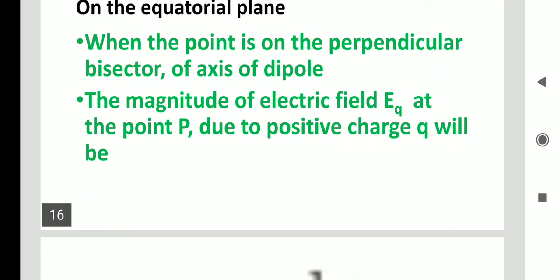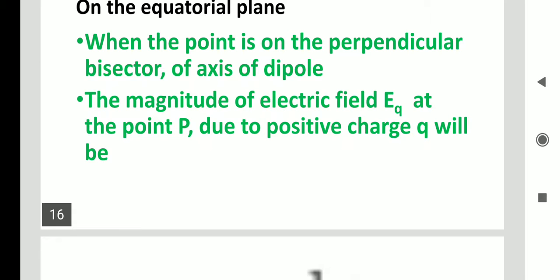Similarly, as in the axial point characteristics, in the equatorial case we also need to consider the electric field due to the positive charge and due to the negative charge.